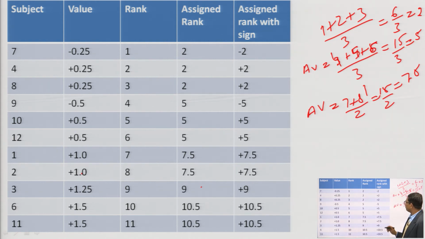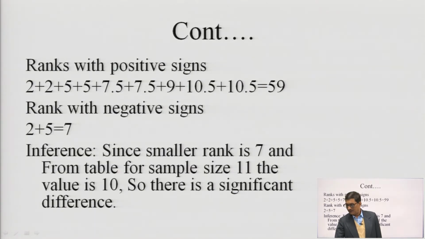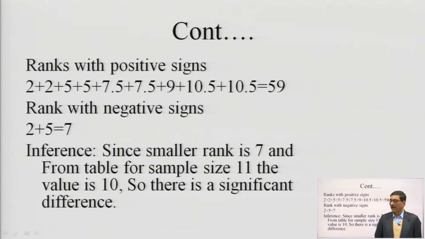After assigning the sign, we find the sums. We find the sum of the ranks with positive sign, that is 2 plus 2 plus 5 plus 5, 7.5, 7.5 plus 9 plus the rest, and it will be equal to 59.